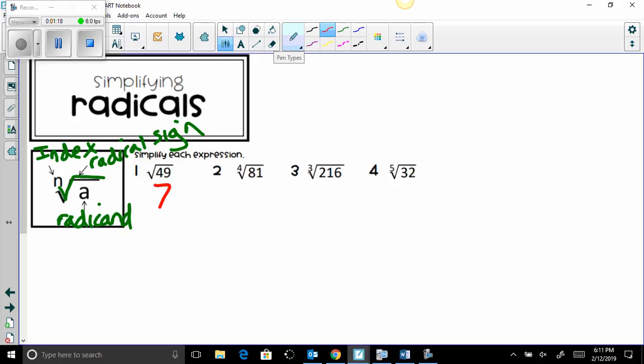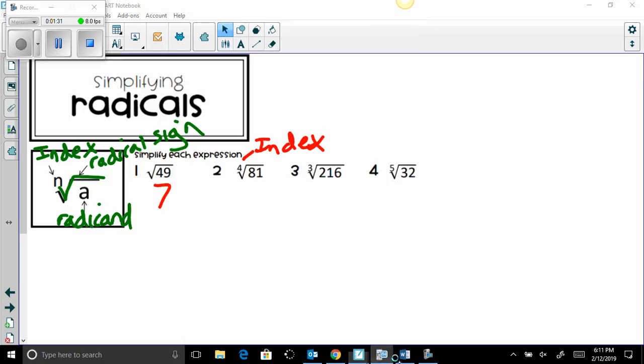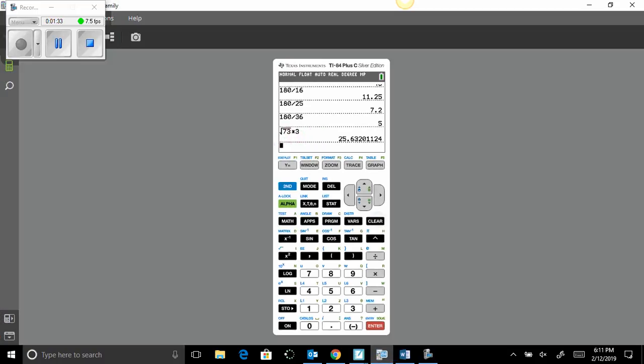The fourth root of 81. Notice the index is 4. It means what number multiplied by itself 4 times is going to give you 81? And do not forget, you can put this in your calculator.